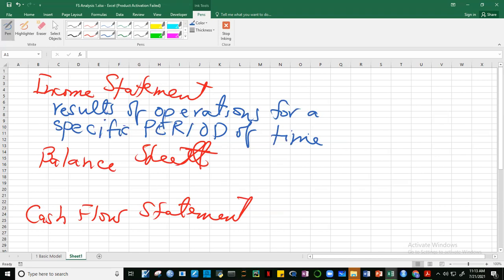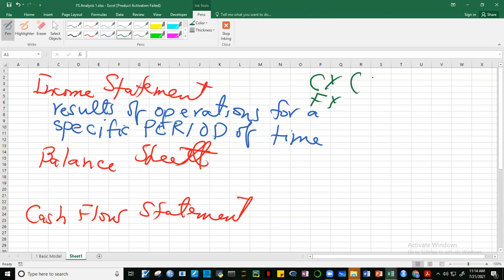In that case, the income statement is based on what year is that? Calendar year. If it's other than January 1 to December 31, what do we call that? Yes, correct. Fiscal year. So we have calendar year and then fiscal year.